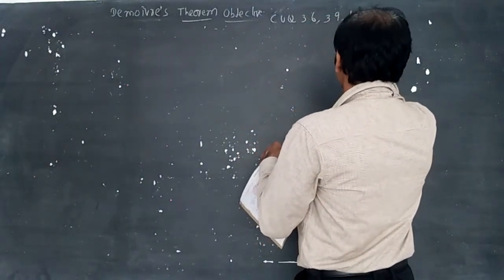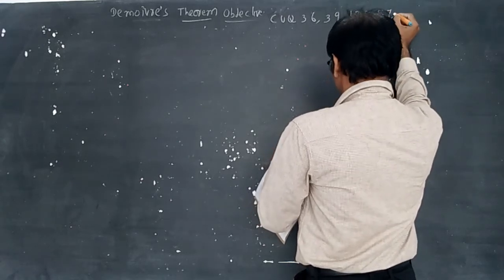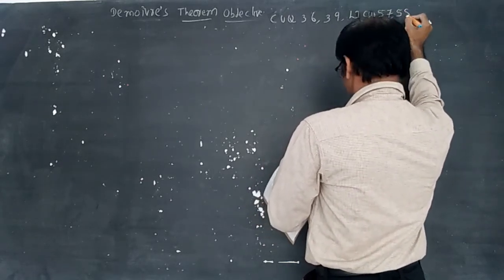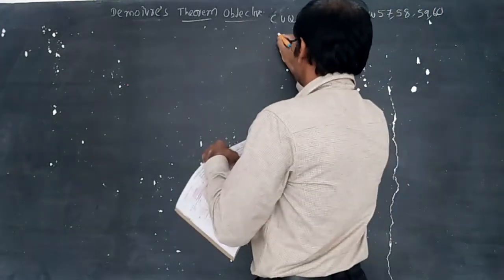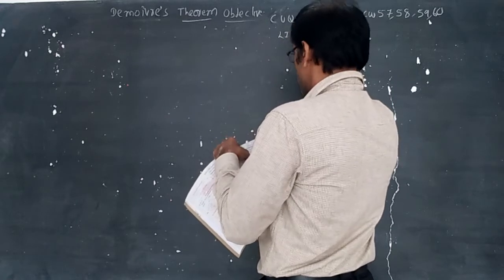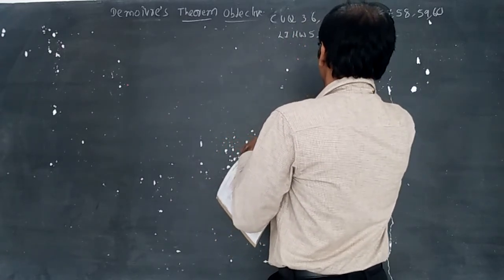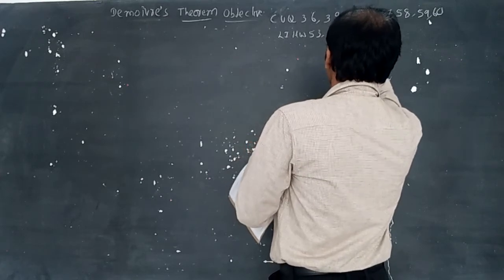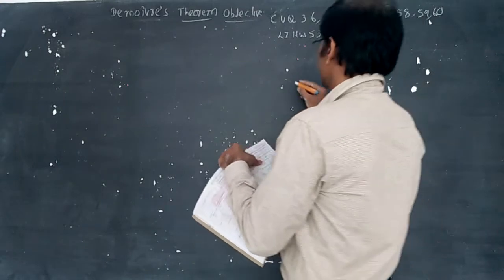Level 1 classwork: 57, 58, 59, 60. Level 1 homework: 53, 54, 55, 56.